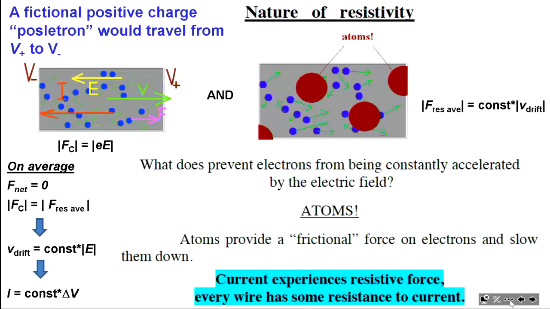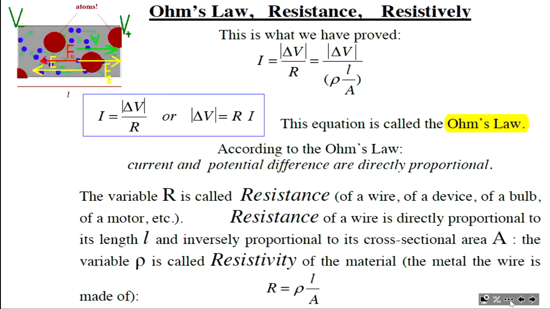We apply voltage, it creates an electric field, creates force, electrons start speeding up, colliding with atoms, bouncing back. Stronger voltage, stronger field, so they speed up faster. That leads to more electrons traveling per second. This law was derived experimentally by the physicist Ohm, so we call it Ohm's law.